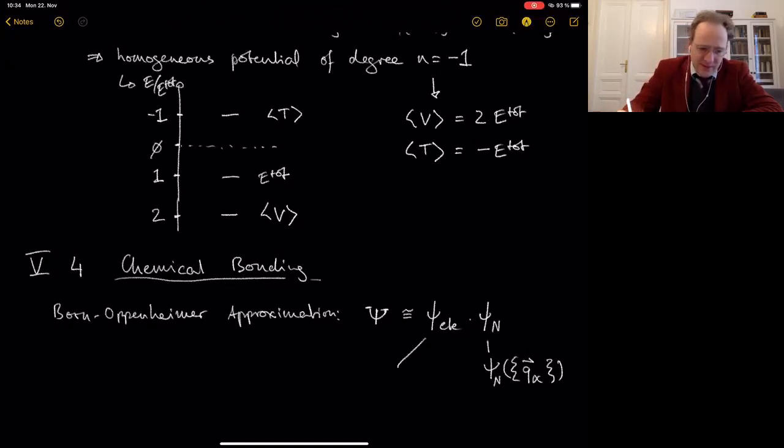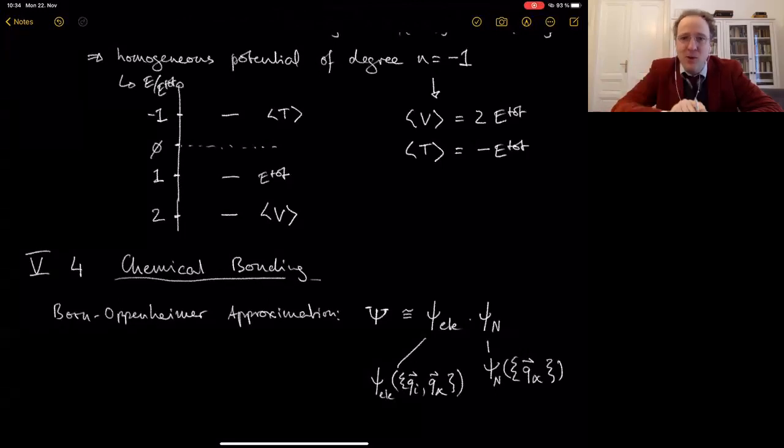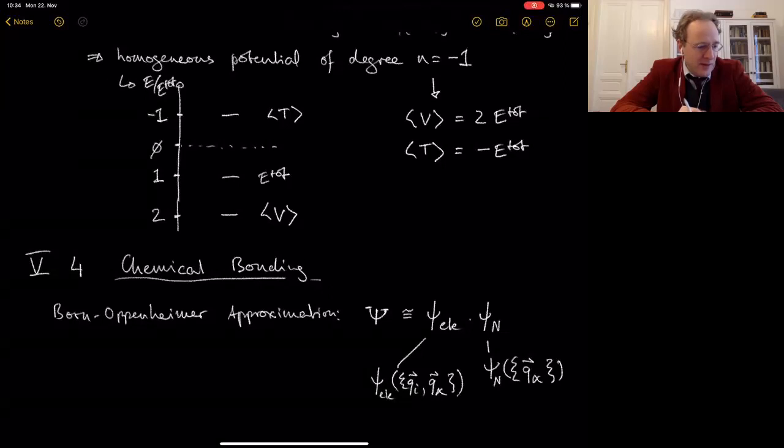The electronic wave function depends, of course, on your electronic coordinates, and also parametrically on your nuclear coordinates. Okay. So in there you have both, and just think of the external potential interacting with your nuclei. That imposes this atomic position dependency.